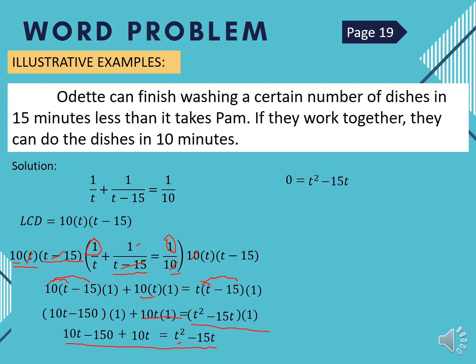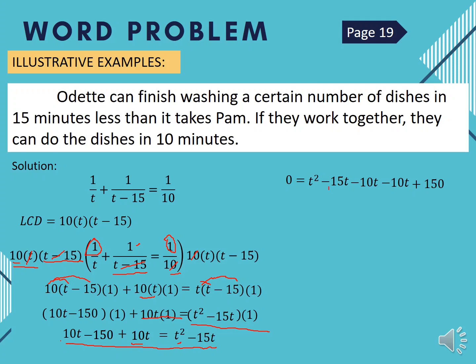So, we have T squared minus 15T. And then, lahat po na nasa left side ay ilagay natin sa right side. So, papalitan natin ng side. 10T, that becomes negative 10T. Then, isunod na natin si another positive 10T. So, negative 10T. Then, proceed with the constant, which will become positive 150.